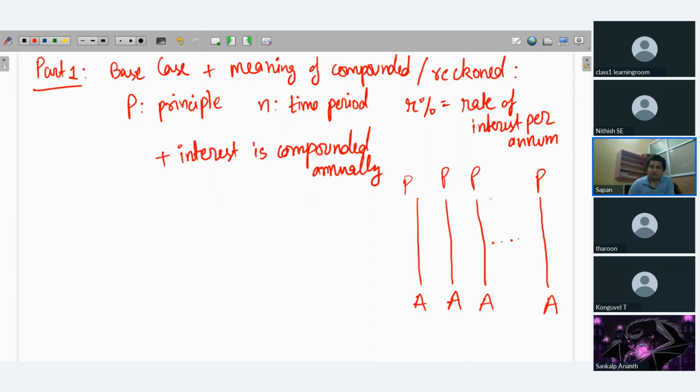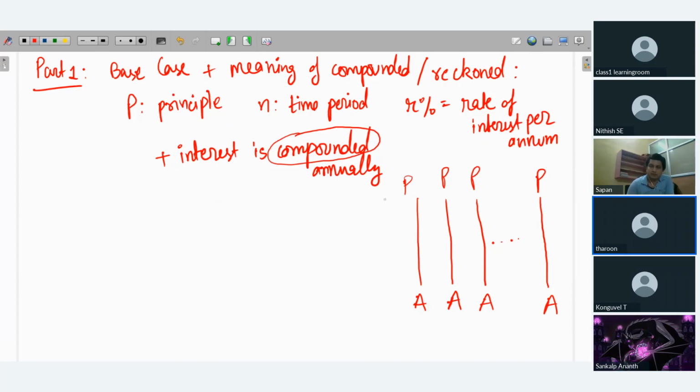Our percentage rate of interest per annum means per year. Annum is another word for year. The meaning of compounded is that whatever interest you gain in one year will be credited back to your account.